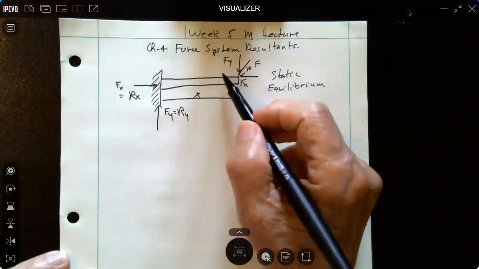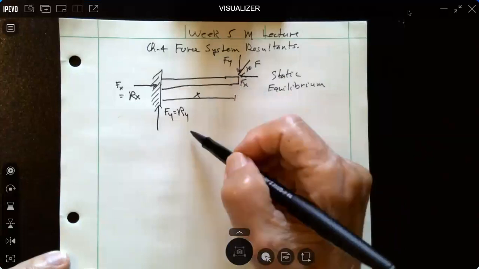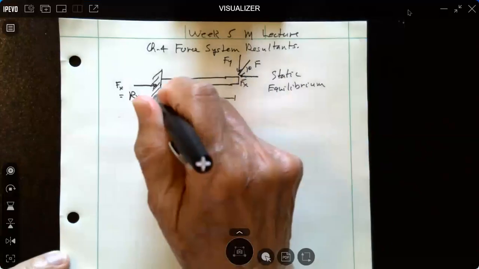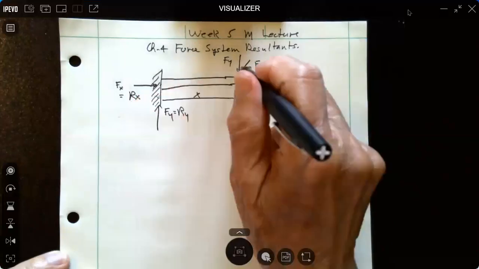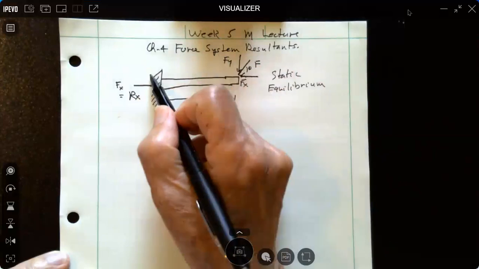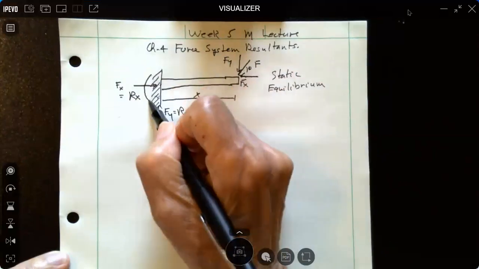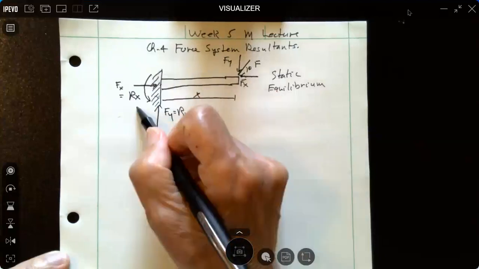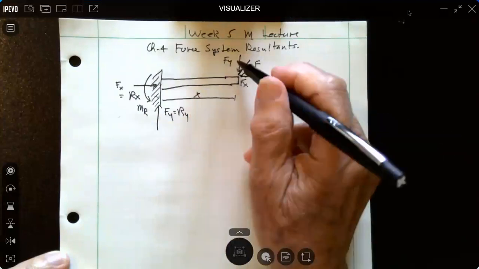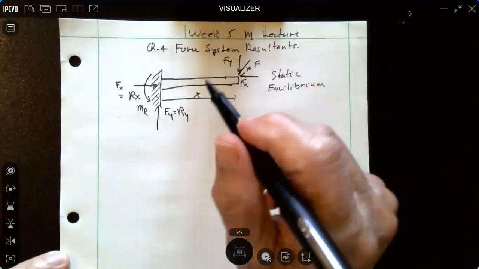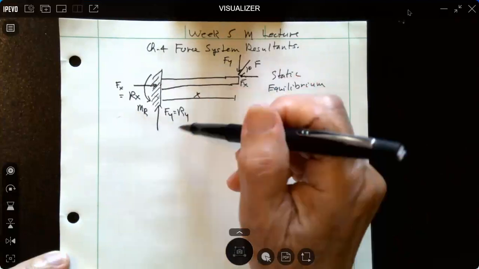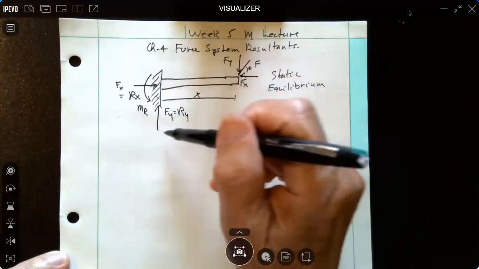So there has to be, and again, this is going to be in the clockwise direction, sum of moments equal to 0, which means that there must be a moment created over here, this support, that's equal and opposite in direction to the moment created by this y force. And so the third component of reaction over here is a moment reaction to counteract the moment created by this y component of force. Basically, what we've done is we would have solved for one of the statics problems that we're going to take a look at in the next chapter.